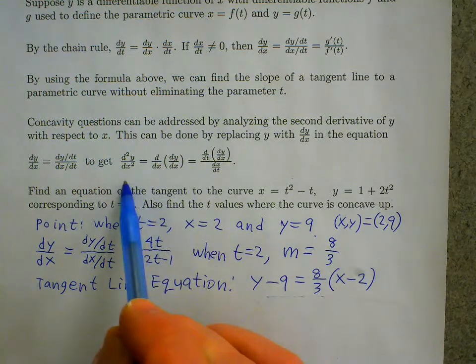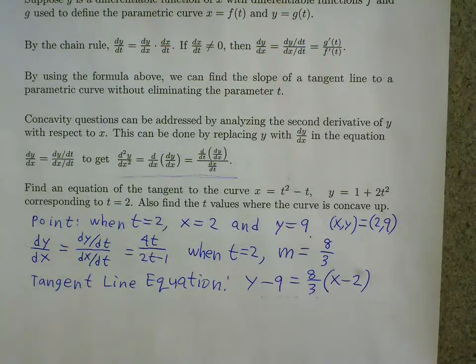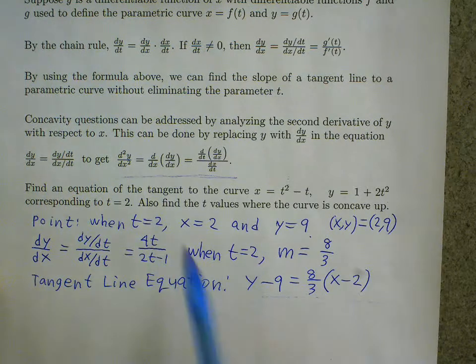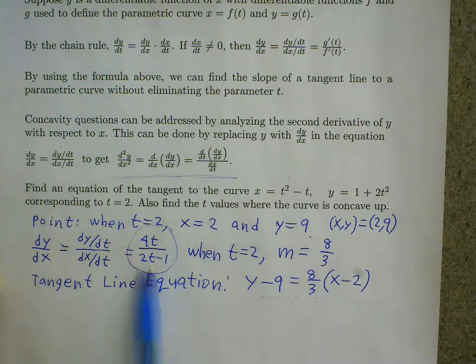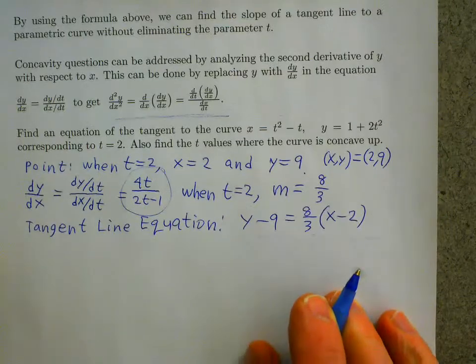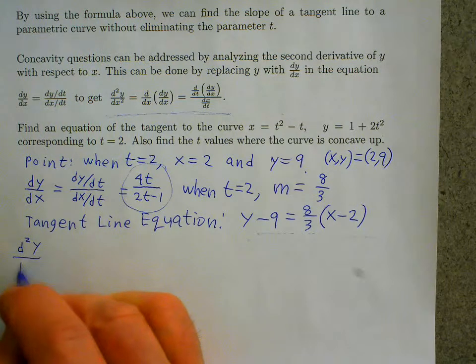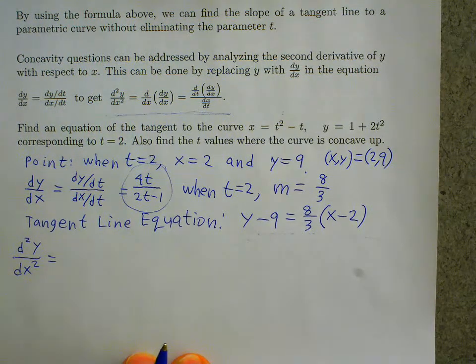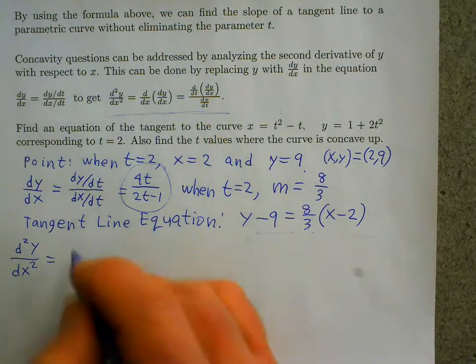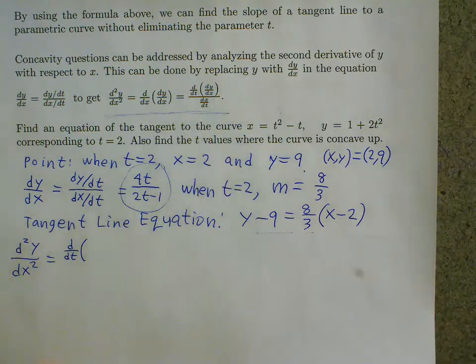Okay, so here's our second derivative formula up here. So we already know what dy/dx is. dy/dx is 4t over 2t minus 1. So the second derivative of y with respect to x, according to this formula, we're going to compute the derivative with respect to t of what dy/dx is.